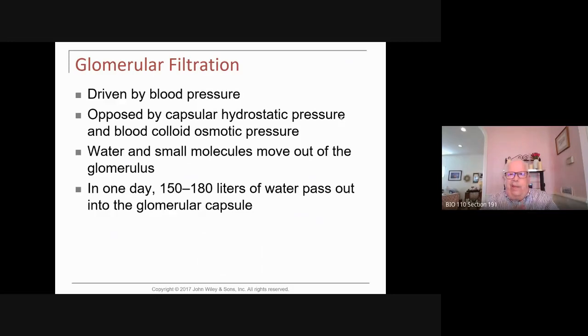Glomerular filtration is driven by blood pressure. There are many opposing forces, but what you should really know is if the blood supply to the kidney is adequate, glomerular filtration is adequate. If blood supply to the kidney is constricted, you'll have less glomerular filtration.